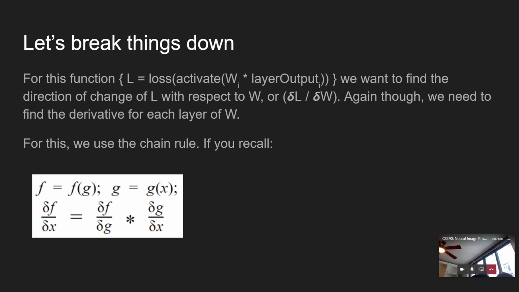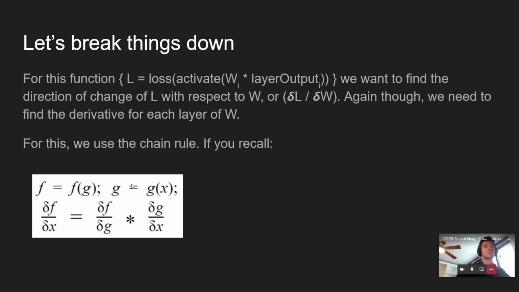And here's that. So in this case, we are looking for our change of L, loss, with respect to W, weight, or delta L over delta W. So we can have this function in a chain rule. A reminder for that was we have a function f where we are taking f of g, and we have g which is taking g of x, and x is our input.